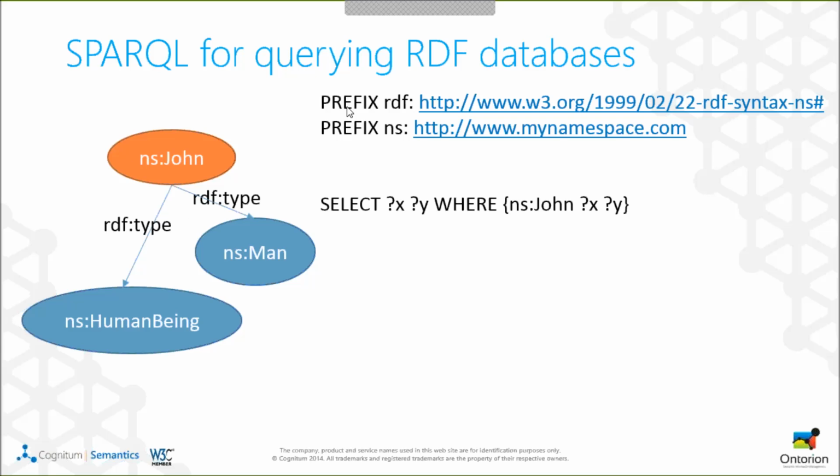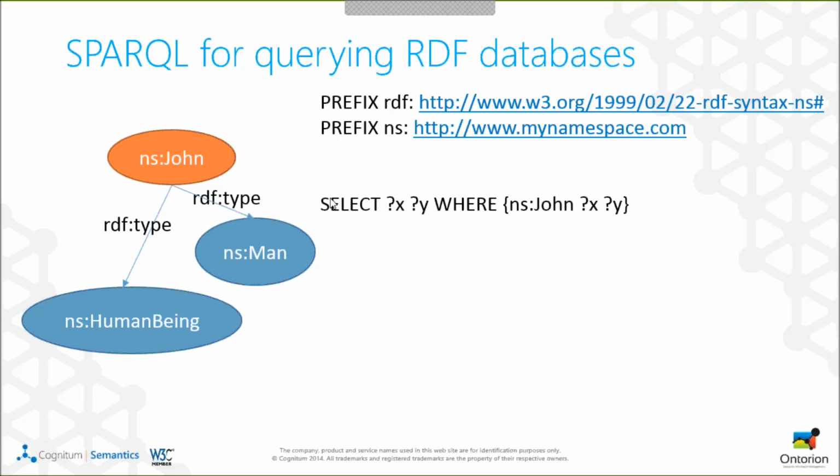You define the prefixes, and we define two prefixes: RDF and NS, that is my namespace. And I tell the SPARQL engine what is the namespace corresponding to these two prefixes. And this is used only locally inside this query. You will not use it when returning, for example. It's just used by the preprocessor in order to know that this one should be changed to the full namespace /John.